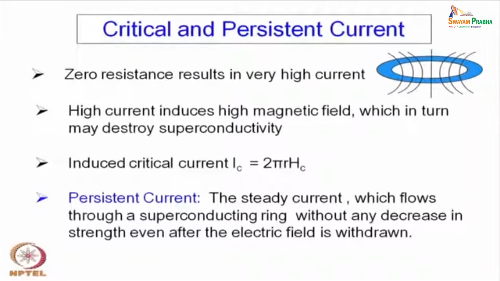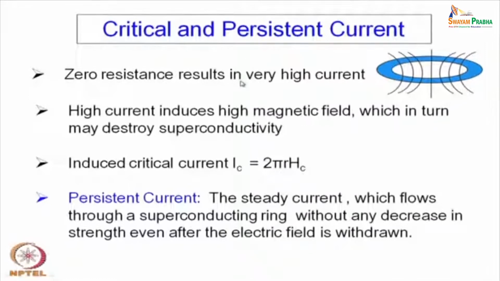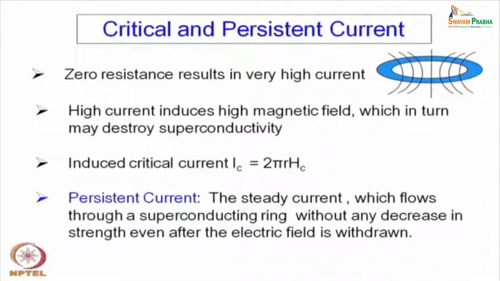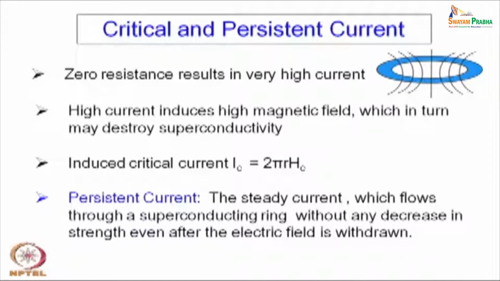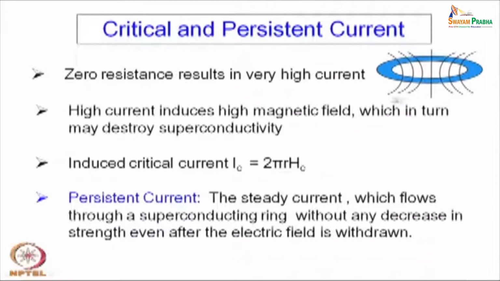Since we have seen that superconductors have zero resistance, a zero resistance results in very high current. So, a very small applied voltage will give you very high current, or theoretically one can have an infinite current. So, that is a very interesting situation for superconductors.